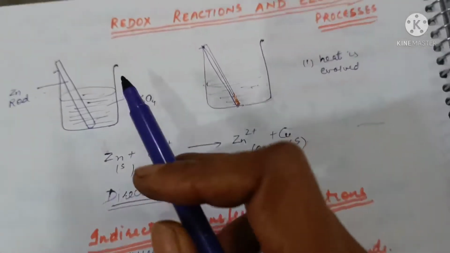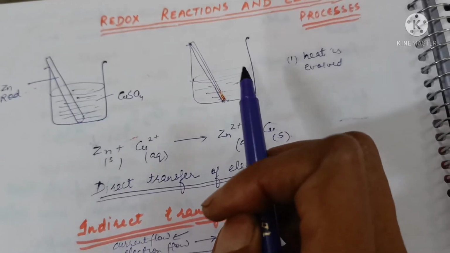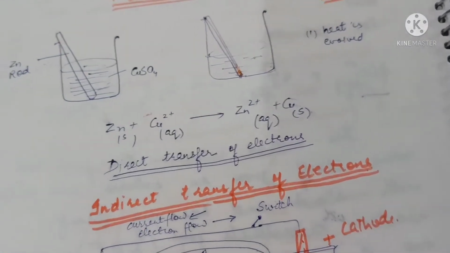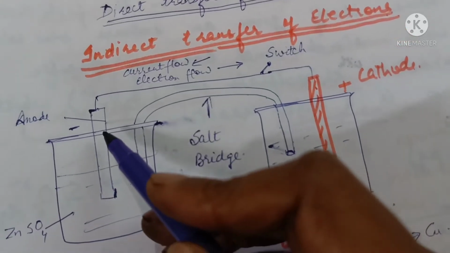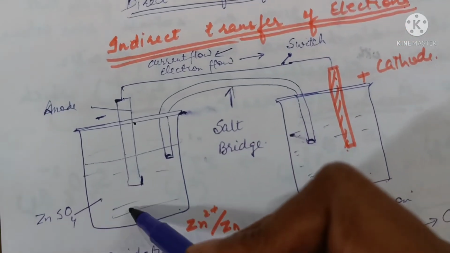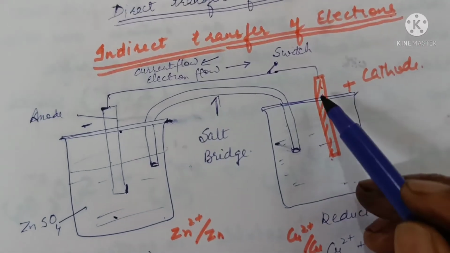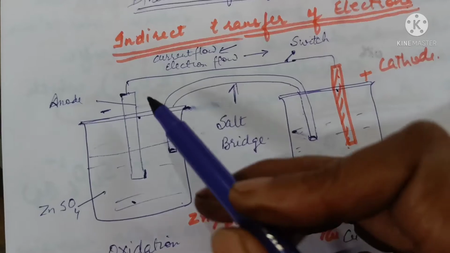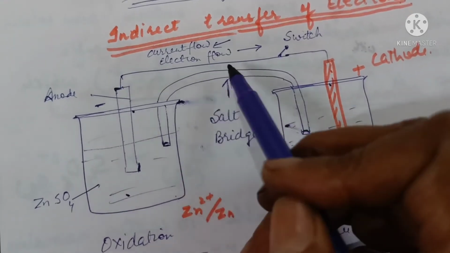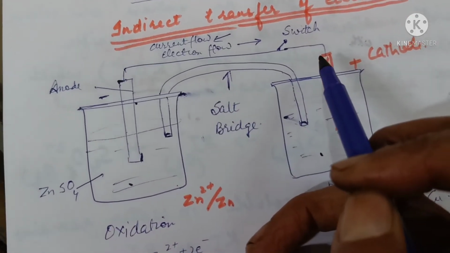We can carry out the same redox reaction indirectly also. So when we do so, what we will do is we will place zinc rod in zinc sulfate solution and copper rod in copper sulfate solution. And we will connect them through a metallic wire.